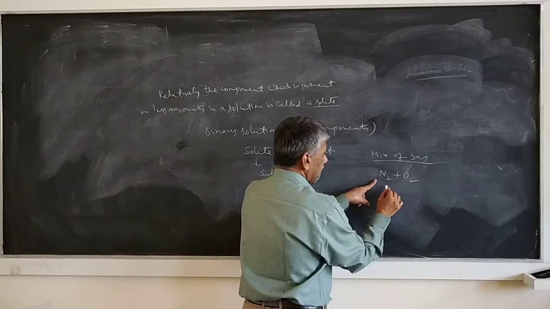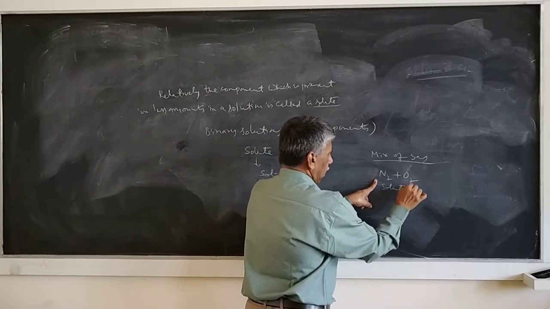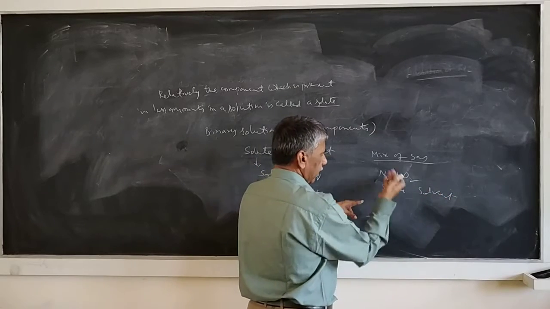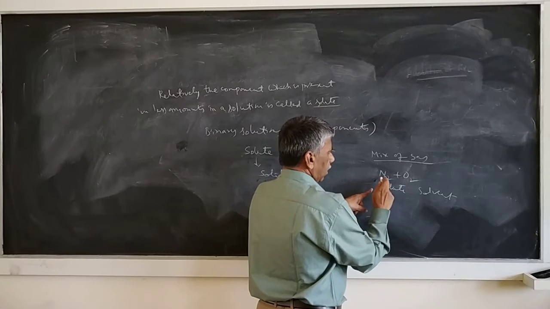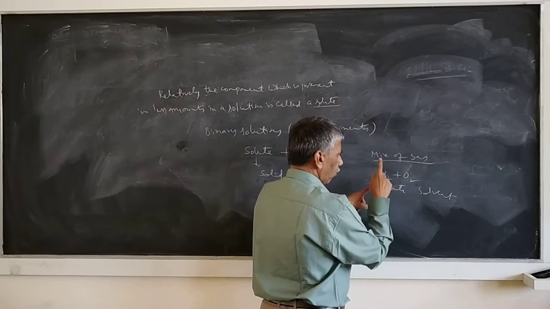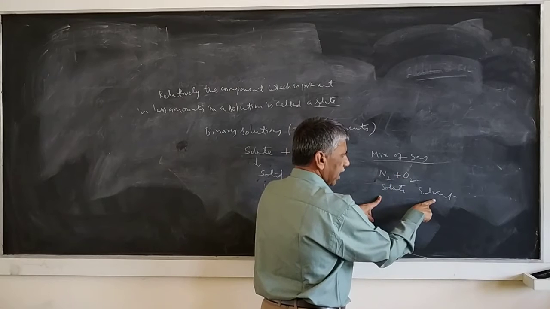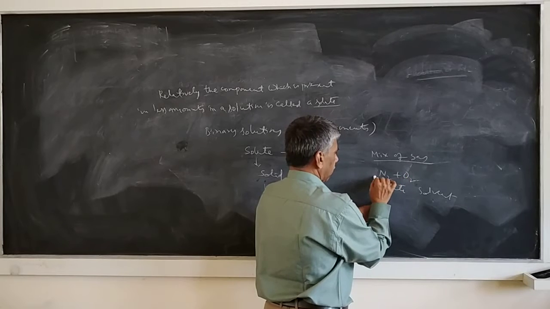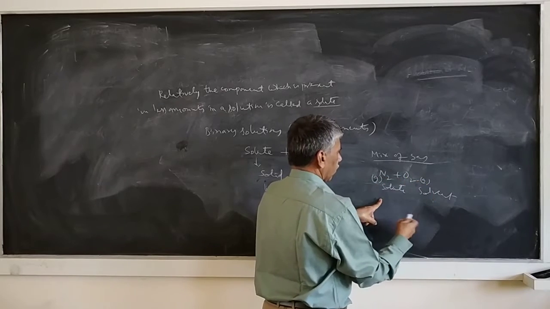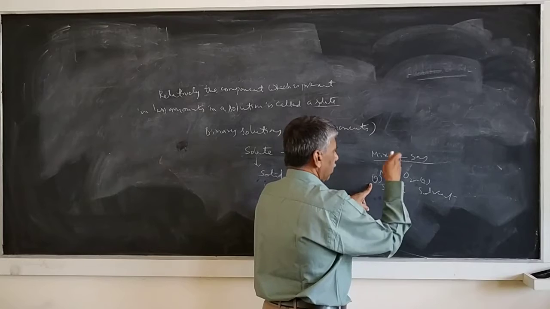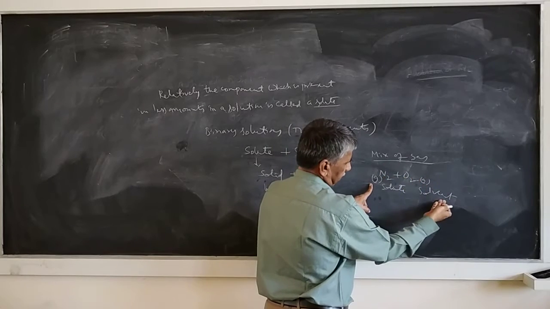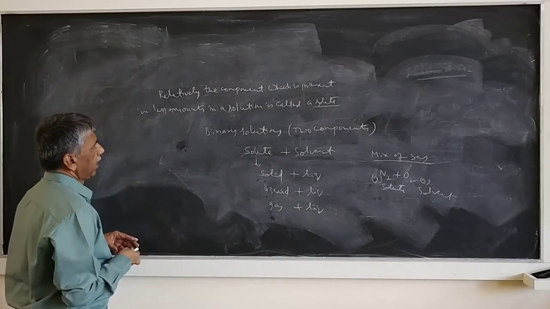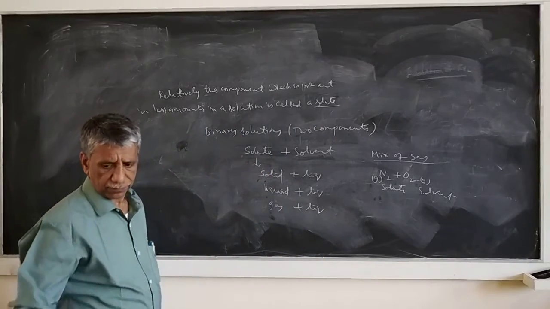Here one will act as a solute and another will act as a solvent. Out of two components, one will act as a solute and one will act as a solvent. Here you can see both are gases. So there is a gaseous solute dissolved in gaseous solvent. So this is a brief introduction to our solutions.